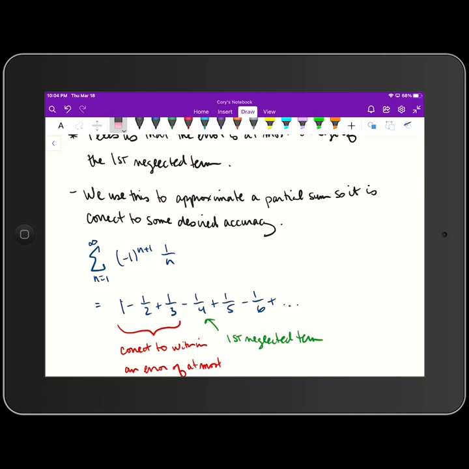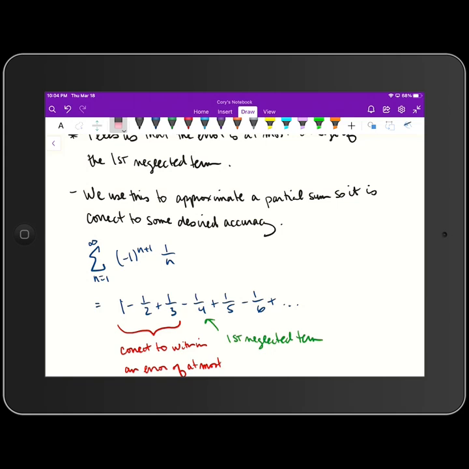Then when we plug 2 in, we get -1 to the third power, which is -1, times 1/2, which is -1/2. The next term is positive 1/3. The next term is -1/4. The next term is positive 1/5. The next term is -1/6.